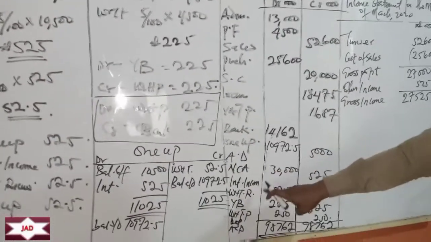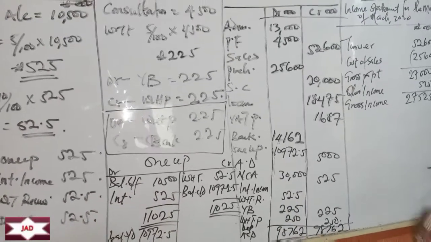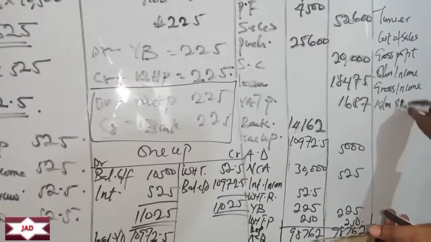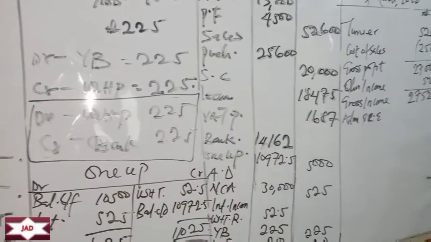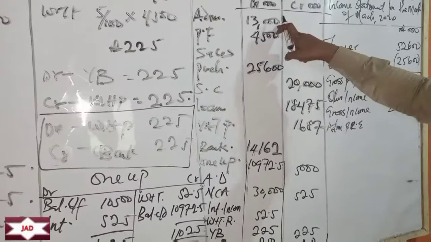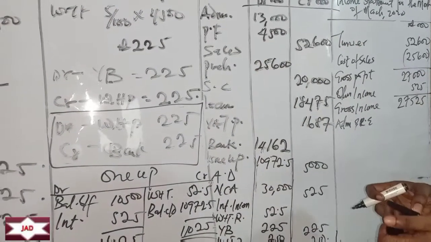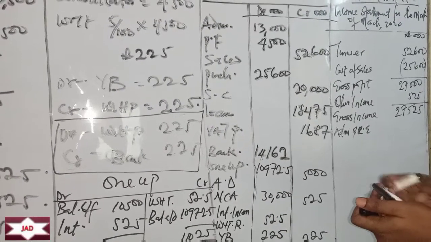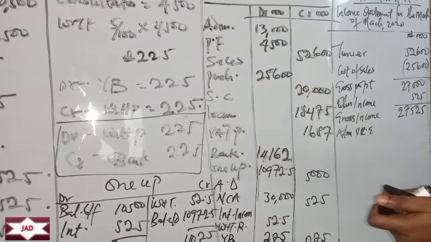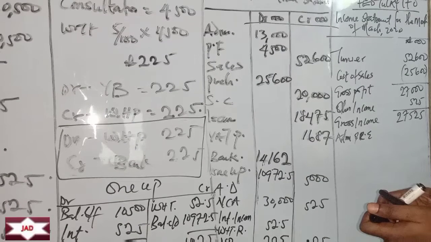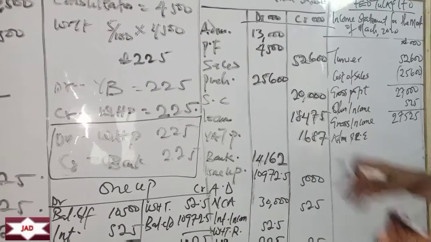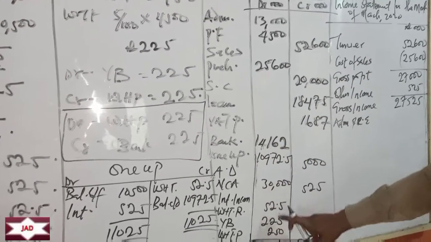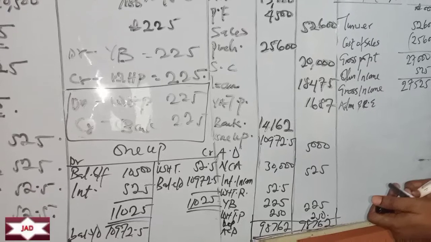So what else do we have then? We have our expenses, total expense. We have admin and running expense, right? So what do we have? Admin will be 13,000 plus promotional fee here, 4,500, plus depreciation here, 250.